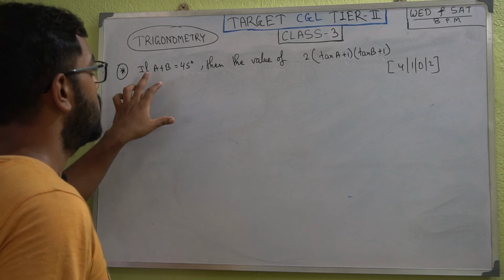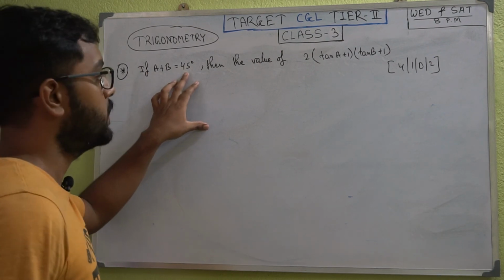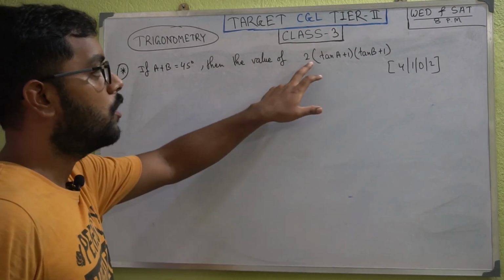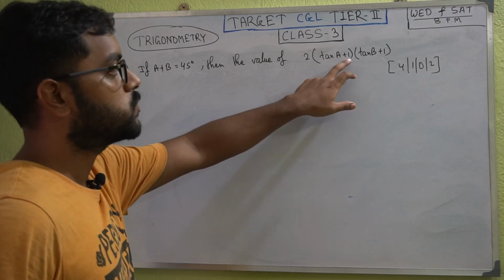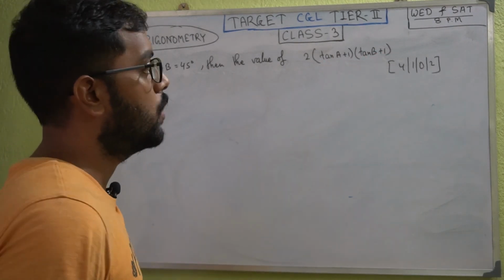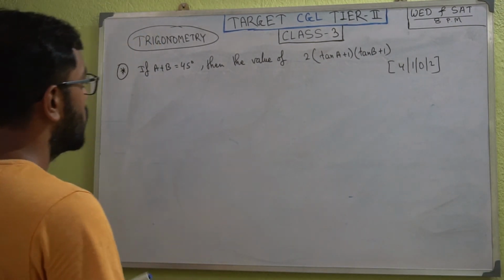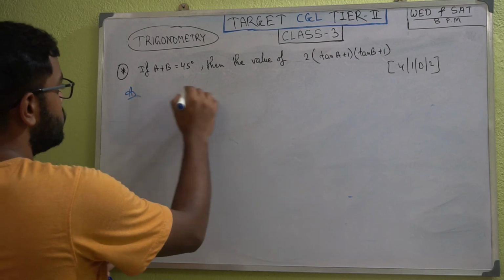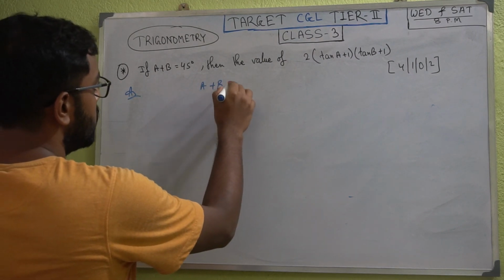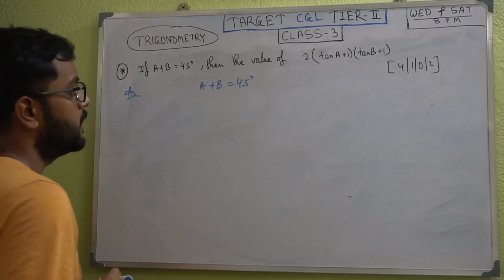Here given that a plus b equal to 45 degree, then we have to find the value of 2 into tan a plus 1 into tan b plus 1, and 4 options are given: 4, 1, 0 and 2. Okay, solve it. A plus b equal to 45 degree.